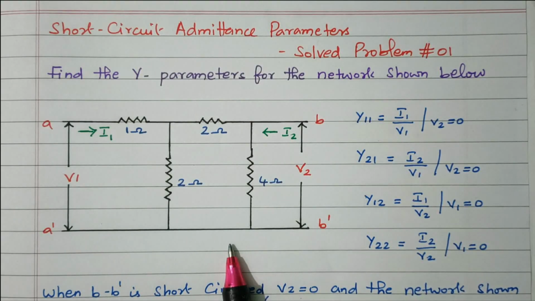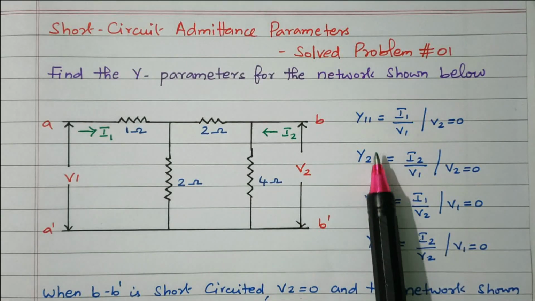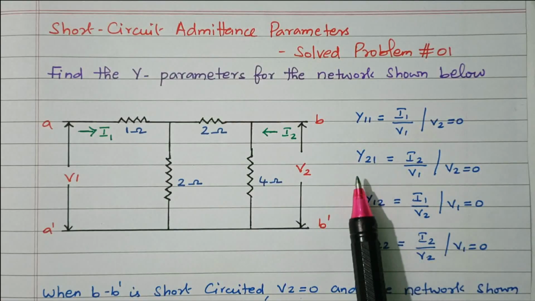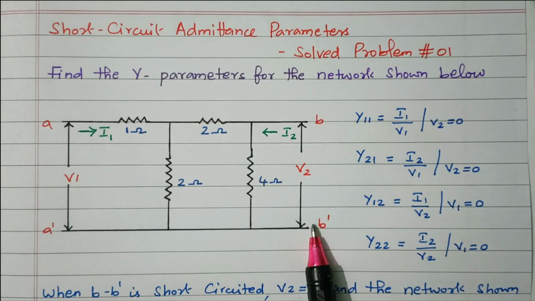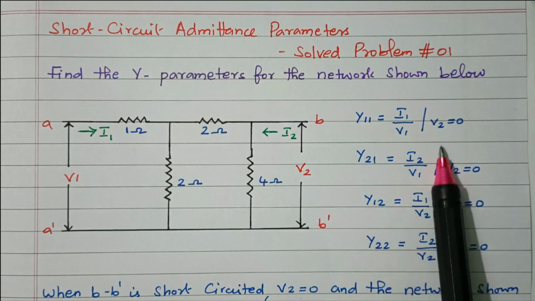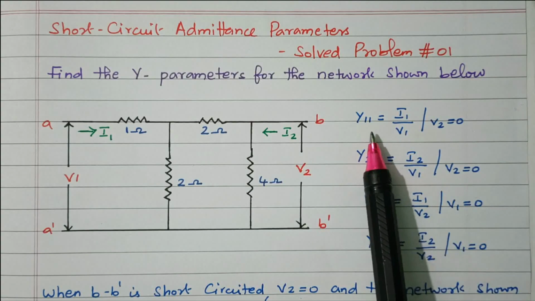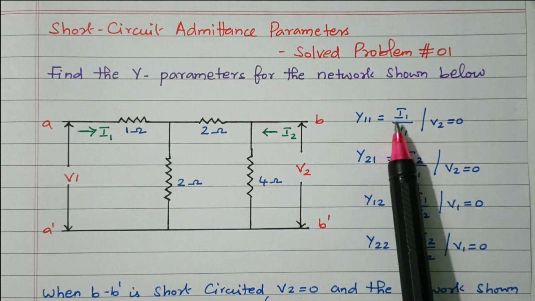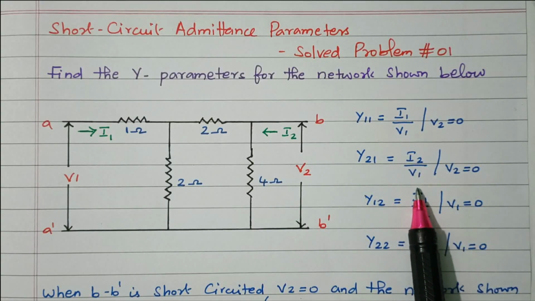The Y parameters mean short circuit admittance parameters. Short circuit means the output port is short circuited or the input port is short circuited. For the first two parameters Y11 and Y21, we short circuit the output port, so that V2 equals 0. With output voltage 0, we find Y11, that is I1 by V1, and Y21, I2 by V1.